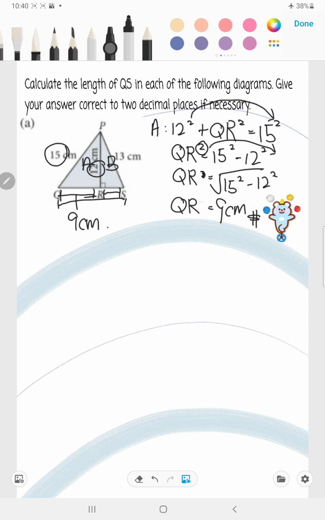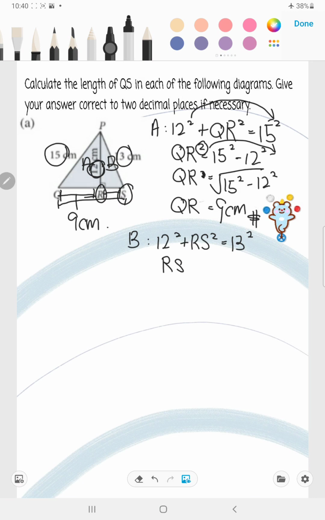So next, let's find the value of RS. So 13 is the hypotenuse and 12 is, let's make it as a. So 12 square plus RS square is equal to 13 square.